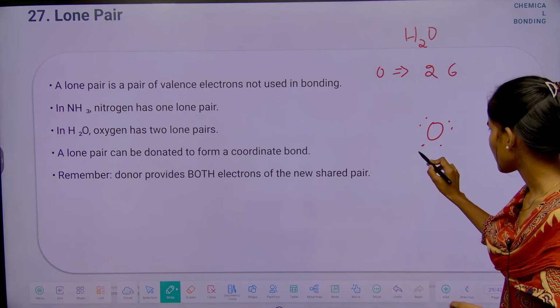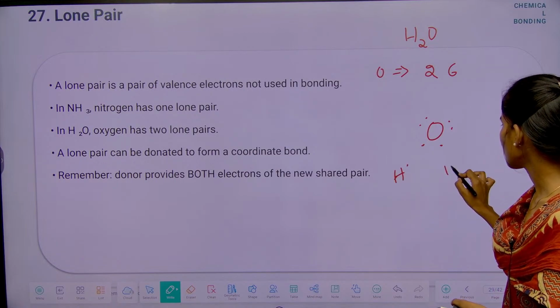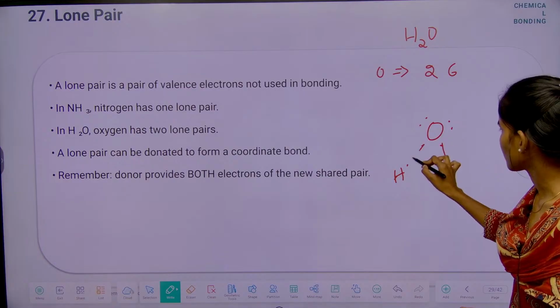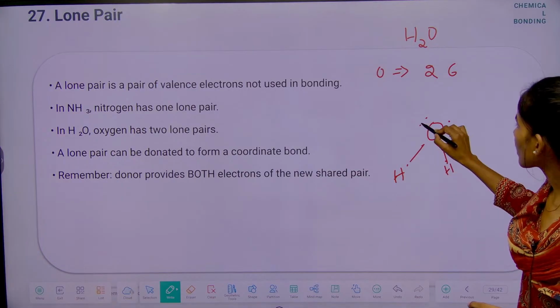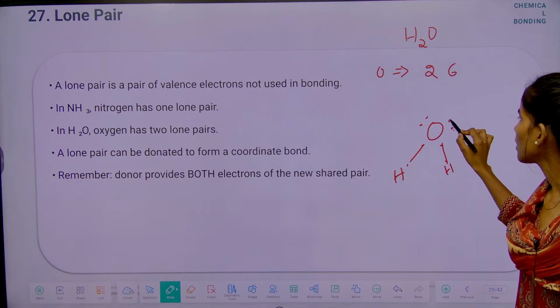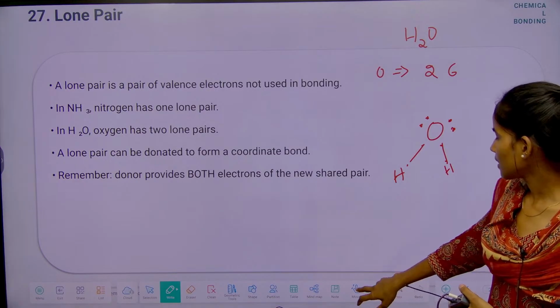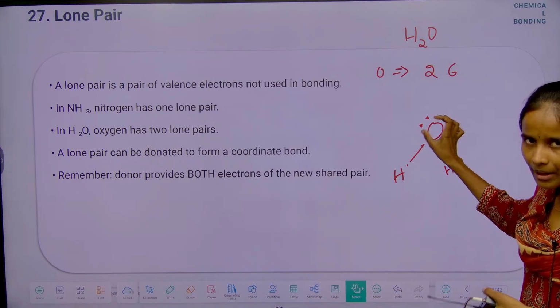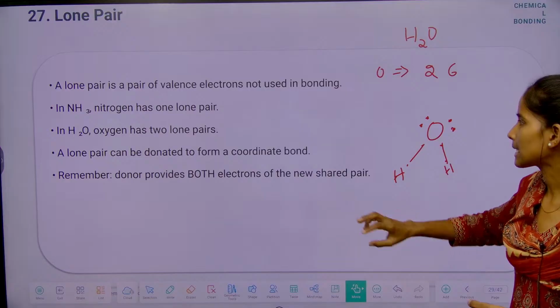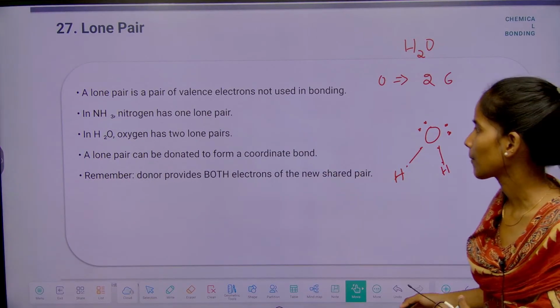So this electron and this electron will form covalent bonds with hydrogens like this. Now these extra electrons are there, 2 here and 2 here, total 4 electrons. These 4 electrons mean one pair and another pair, so 2 lone pairs are there for the H2O molecule on oxygen.